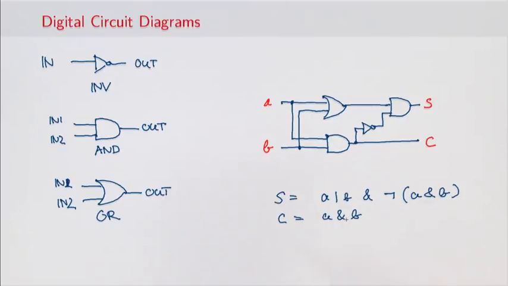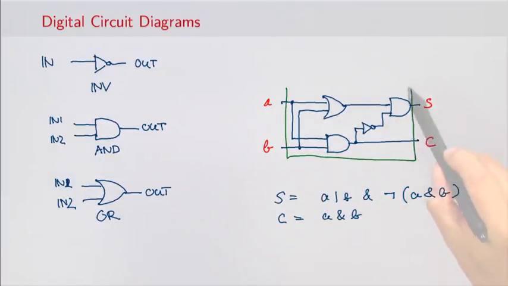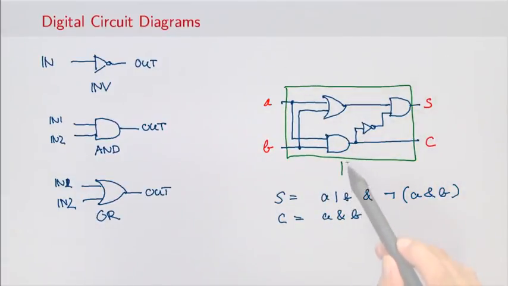If either A or B is set, then the sum is 1 and the carry is 0. So let's wrap this up, draw a box around it, and call it a half adder, or I'm going to abbreviate that to HA.